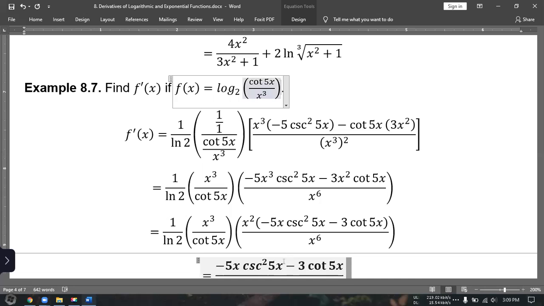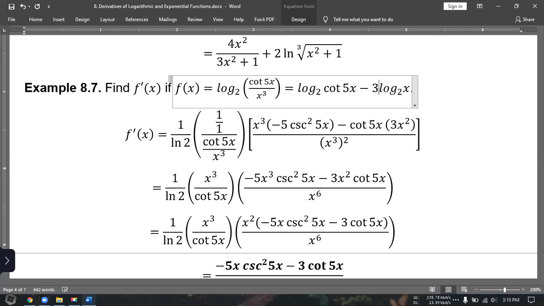Avoid that then. Applying the property, we have logarithm of cotangent 5x minus logarithm of x cubed, or simply x na lang doon, gawin natin multiple si 3.